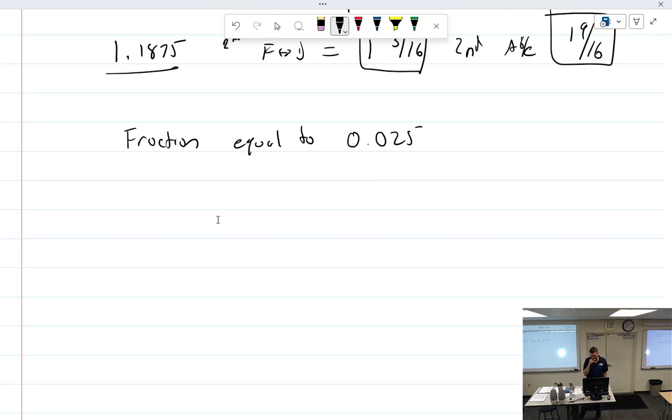I didn't write down all the possible answers, I just have the answer because that's all I care about. Second fraction decimal. It's 0.025, and then we hit second FD equals 1/40, and that is one of the answers on there.